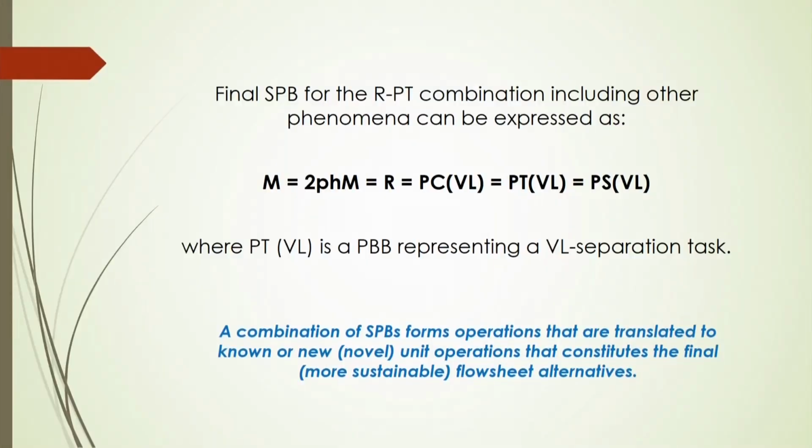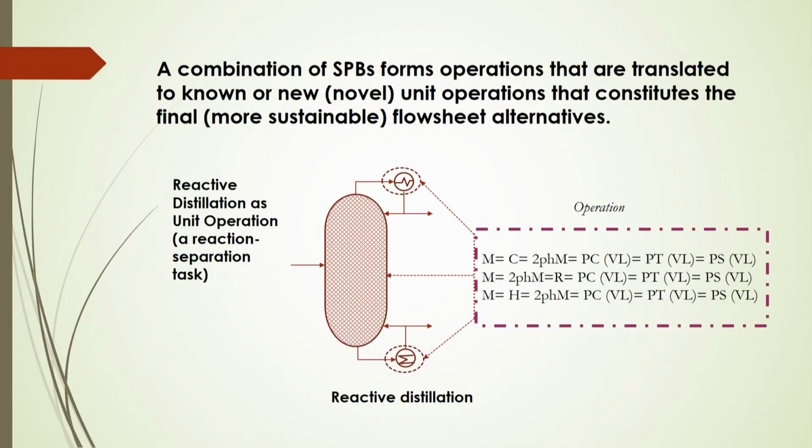So, that is why the final SPBs from this combination of the PBBs can be formed based on the building blocks of the phenomena based variables, and the combination of these SPBs will give you the final flow sheet alternatives. Now, a combination of these SPBs forms operations that are translated to new unit operations that constitute the final flow sheet alternatives.